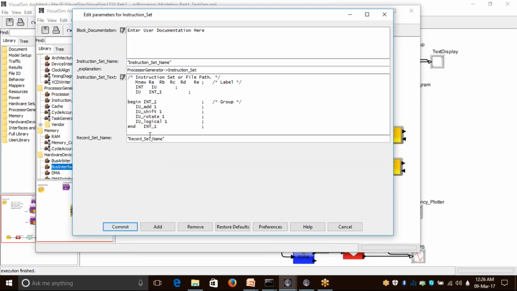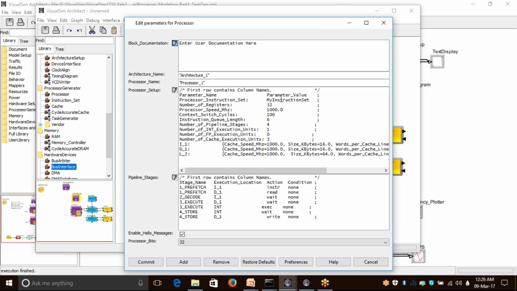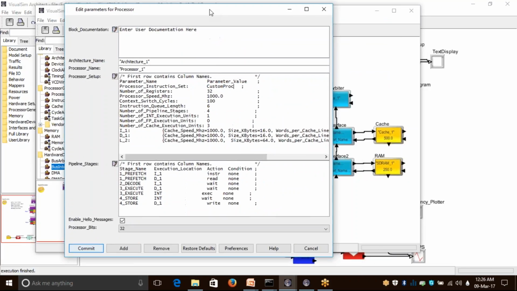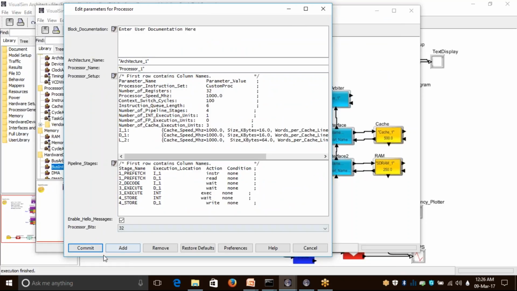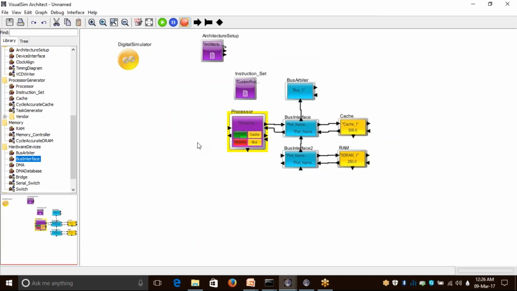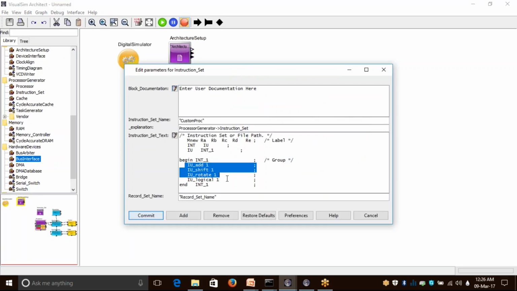For all the standard processor blocks, we provide all these pre-configured, so you don't really have to worry about it. Okay, I just named it custom processor. I'm going to use that name in the processor instruction set parameter over here. Okay, I'm going to commit it. So what I have here is a processor configured to run these 4 instructions: IU add, IU shift, rotate, and logical.